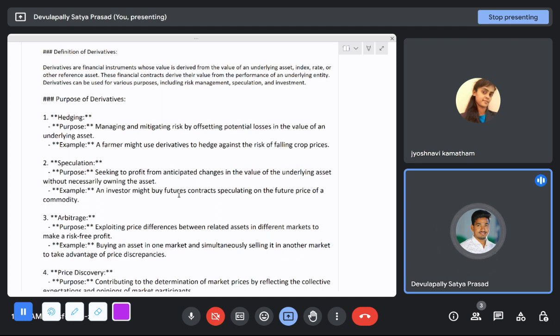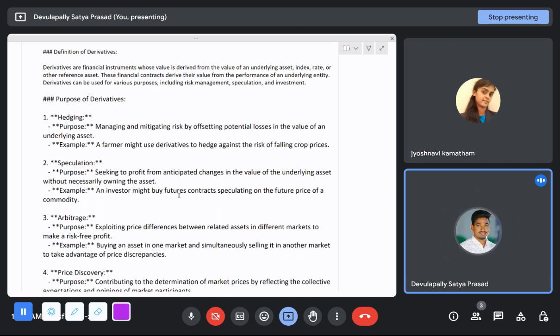Let's take a farmer who is cultivating paddy rice, but he is not sure that at the end of the cultivation, when he goes to the market, he will get a good price or not.